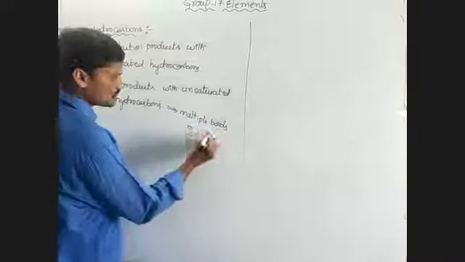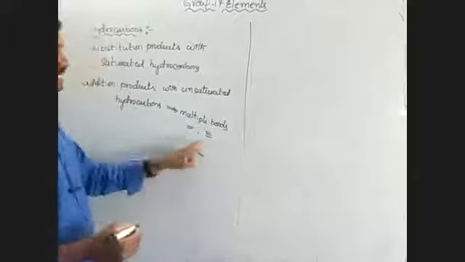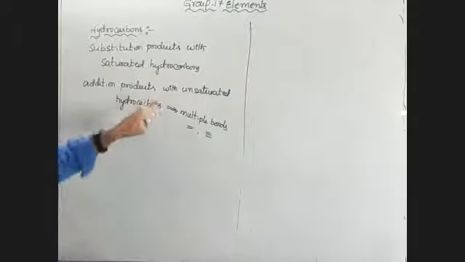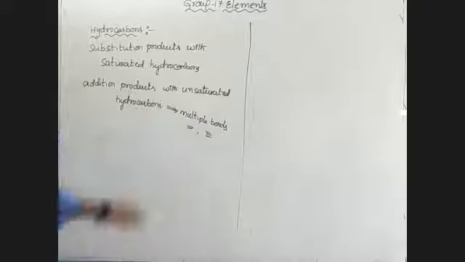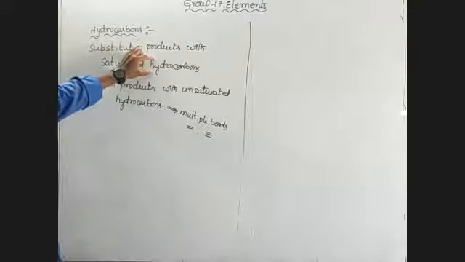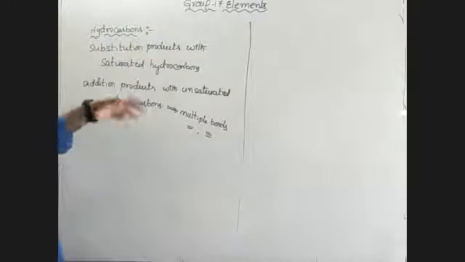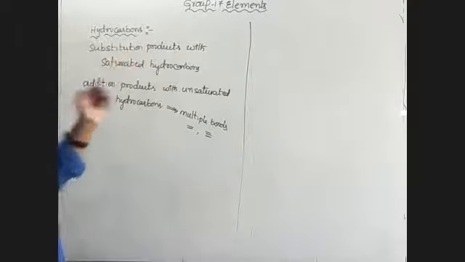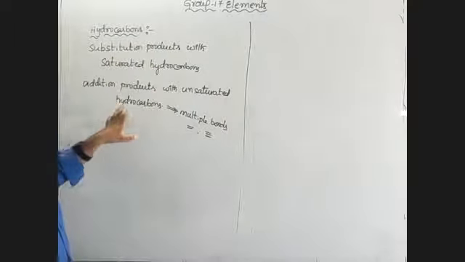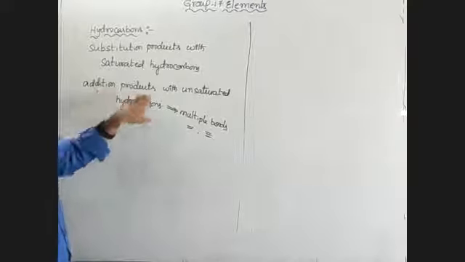This is double bond, this is triple bond. So saturated hydrocarbon when combined with chlorine forms substitution product. Unsaturated hydrocarbons when combined with chlorine form addition product.